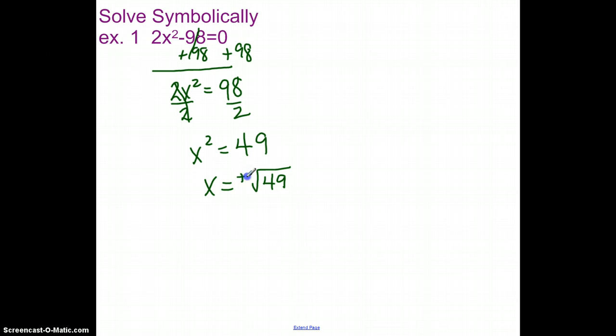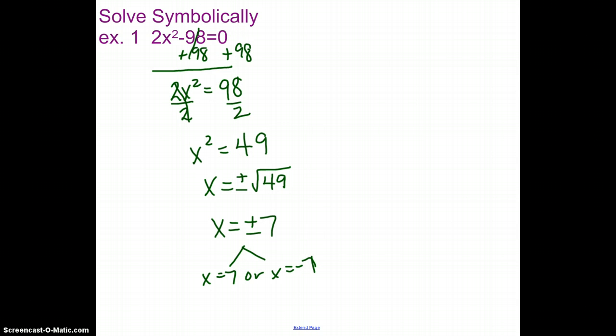Now do remember it could be the positive version or the negative version of that number. So if I did the square root of 49, it would be 7. Some people will write it as plus or minus 7, or some people will write it as x equals 7 or x equals -7. Either one is okay.